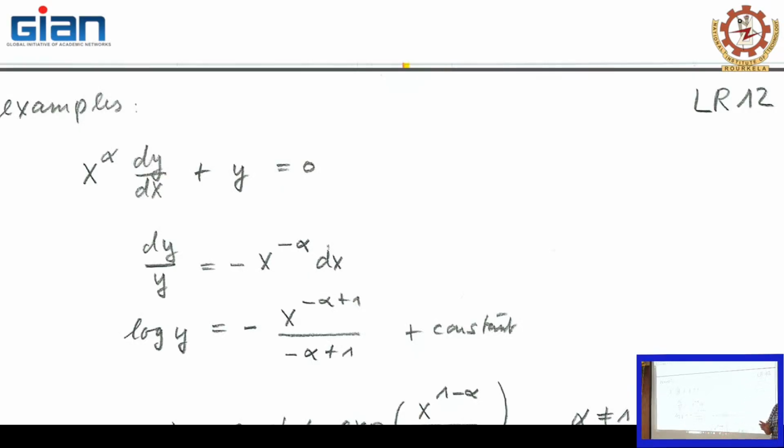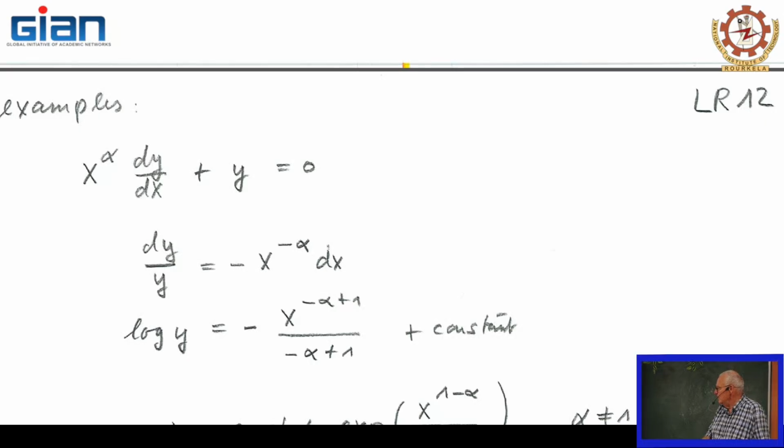We solve it by separation of variables. So bring the y variables to the left-hand side and all the x variables to the right-hand side. We have dy over y is minus x to the power minus alpha times dx. Integrated, the left-hand side will give a log y, the right-hand side gives x to the power minus alpha plus 1 divided by minus alpha plus 1.